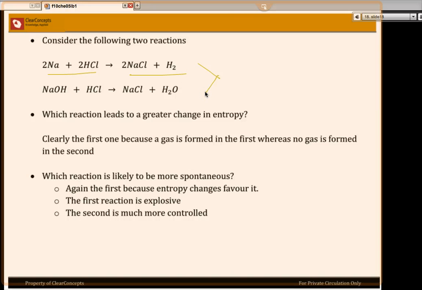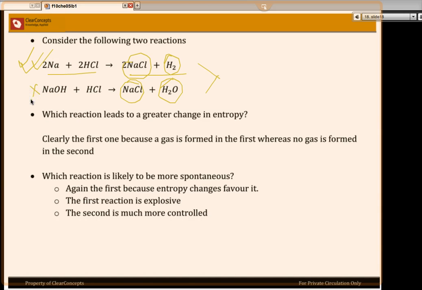I'm comparing these two. I have the same product being formed on the right hand side, but the other product being formed in one case is a gas, in the second case it isn't. So I'm not just concluding on the basis of looking at one reaction. I'm simply comparing these two, and I'm saying that because of this effect, this one is going to be much more spontaneous as compared to this one.